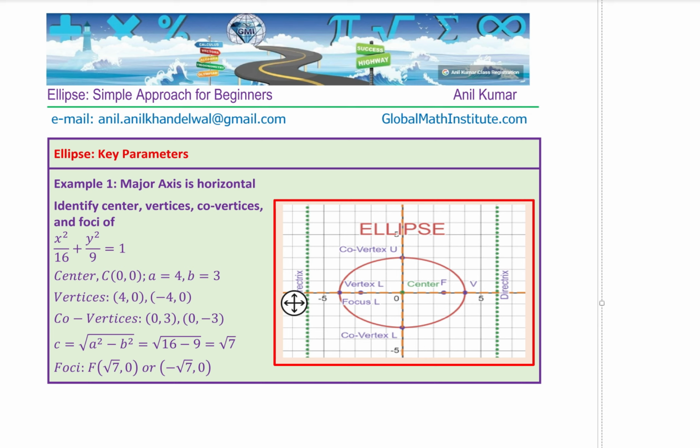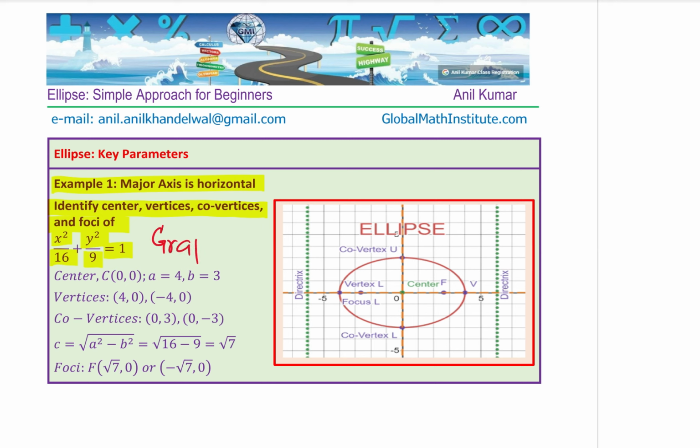This time in the example, we have taken an equation: x square over 16 plus y square over 9 equals 1. From the equation, we want to find all the parameters and then sketch, right? So the idea is to identify the center, vertices, co-vertices, and foci of the given equation. And once we have this, after that we'll graph.